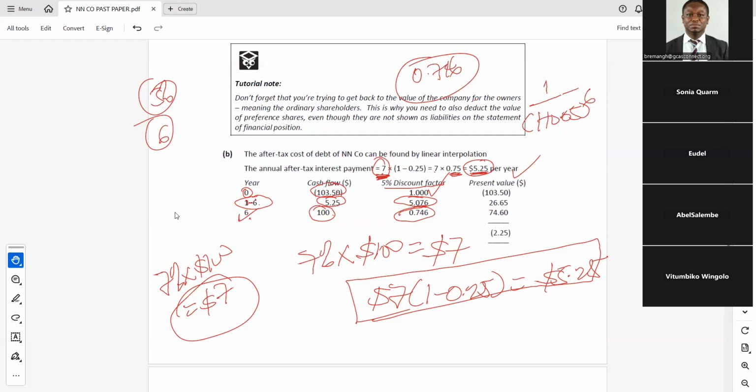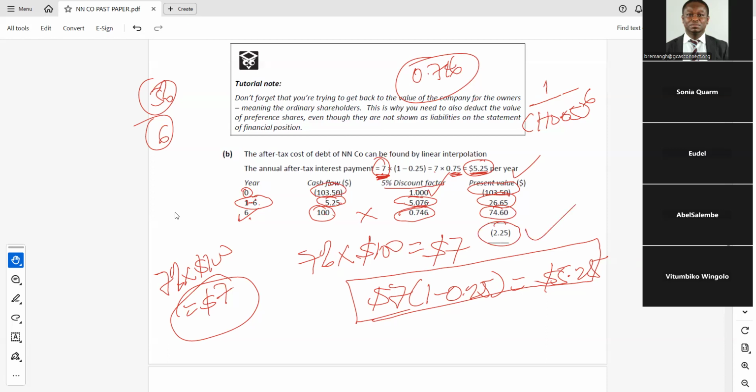So we now use the cash flows to multiply the discount factors. So negative 103.5 times 1 will give us negative 103.5. Then 5.25 times 5.076 will give us 26.65. Then 100 times 0.746 will give us 74.6. So when you add them up, you get negative 2.25.